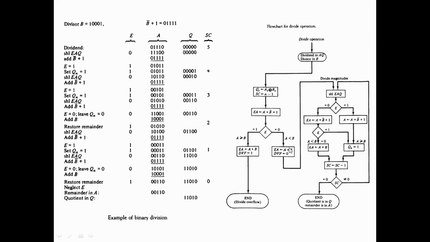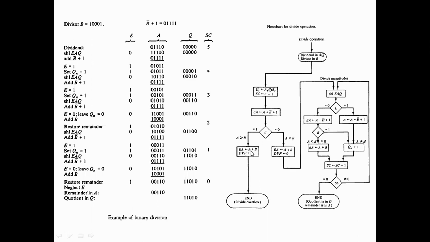So for checking whether A is less than B or not, we have to do this procedure here. A simple way is to first do A minus B, which is the same as A plus B complement plus 1, and then we check the carry bit. If this extra carry bit is 0, then no issues, A is less than B. If it is 1, then we cannot do this division.